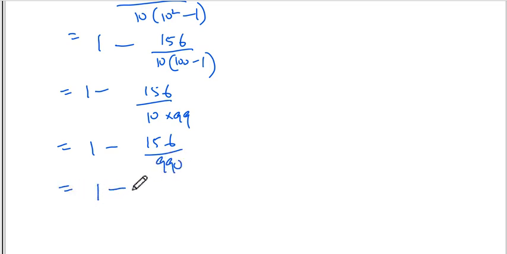That's 1 minus 156 divided by 990, which is 0.158. So Spearman's rank coefficient becomes 1 minus 0.158, that's 0.842. So that's our final answer.